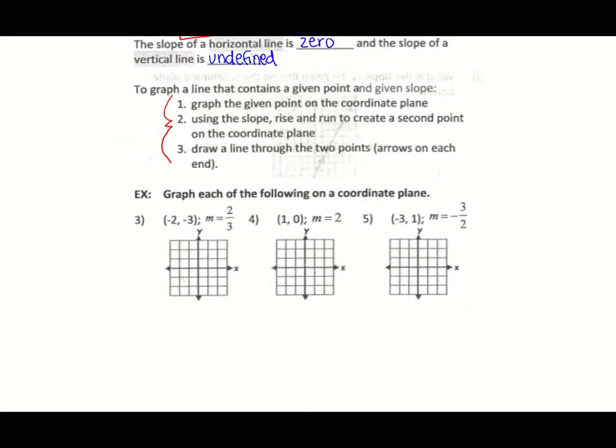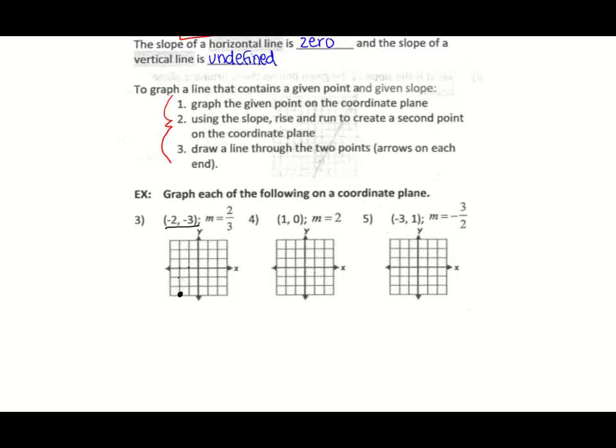So step 1 says graph the given point on the coordinate plane. So that means we want to graph this point, -2, -3. So we count left 2, then down, it's a -3, 1, 2, 3. So this is our point, -2, -3. And our slope is 2/3.